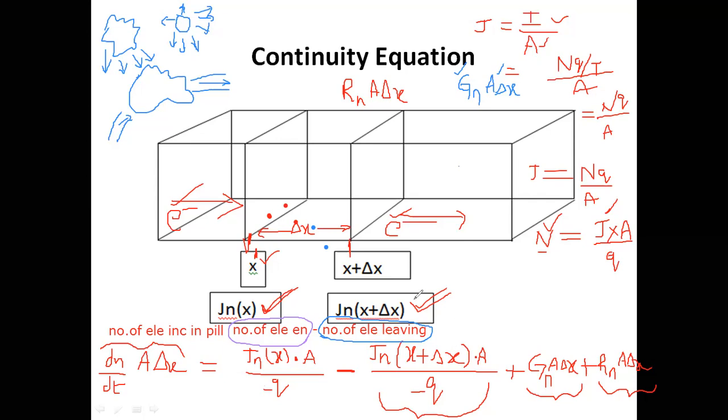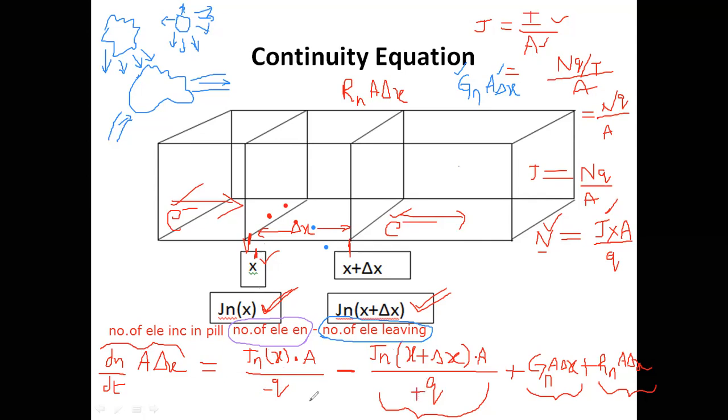Okay. So if I want to write this equation for holes, then what do I have to do? I would replace Jn with Jp, and q becomes plus q here. Why? Because the charge of a hole is positive.